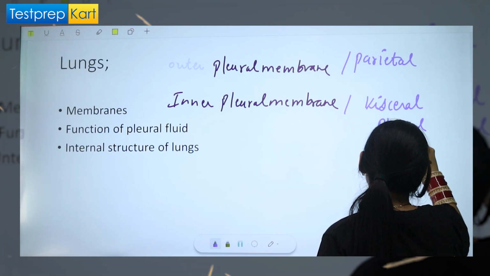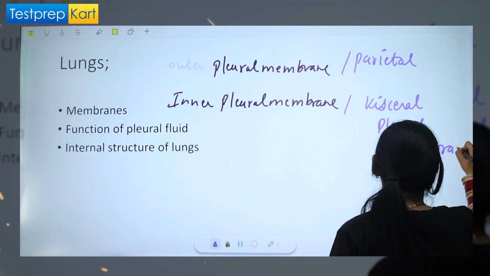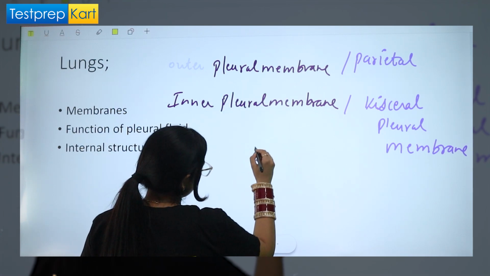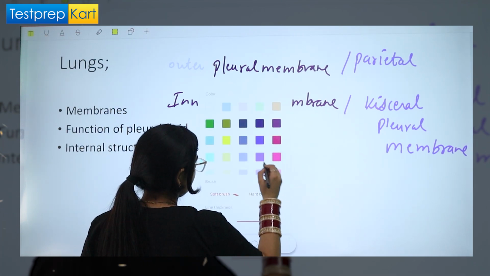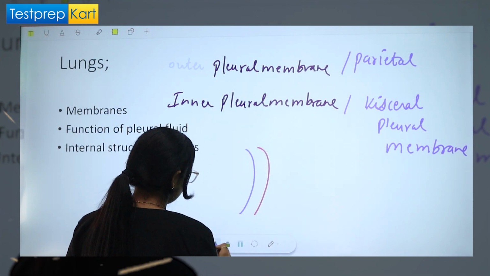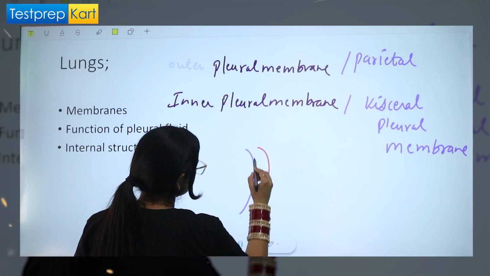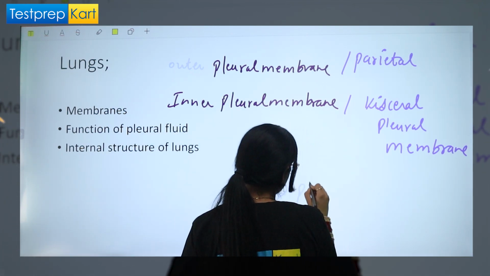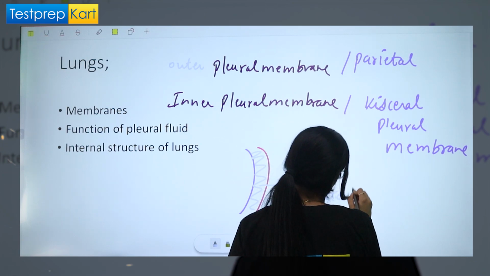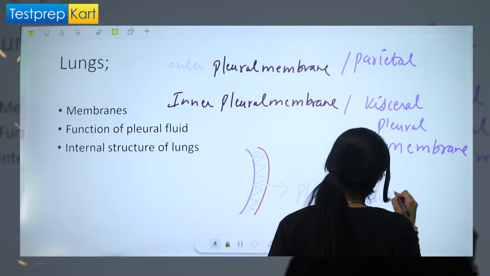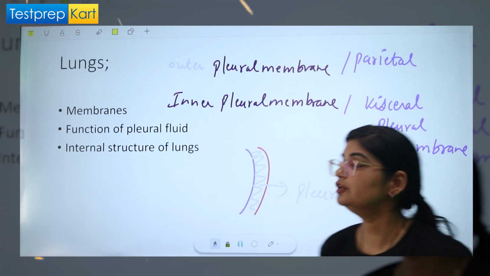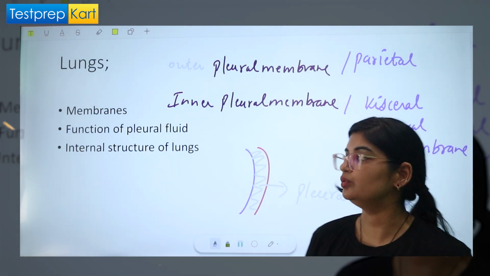So there is space in between the two membranes, right? If you see the diagram, we had outer pleural membrane and inner pleural membrane, and in between there is some space. This space is termed the pleural cavity, and it is filled with a fluid, that is pleural fluid, right?